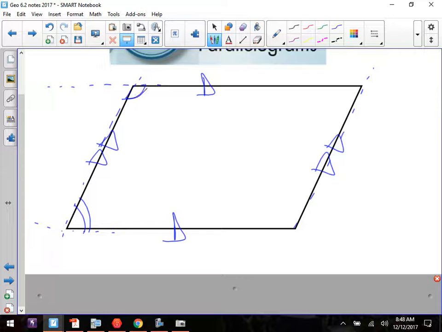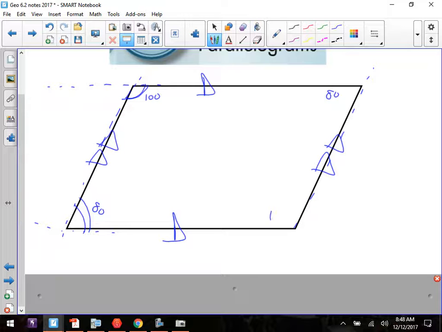So let's just throw a number at it. Let's say this angle is 100. What would this angle have to be? 80. Which means this angle here has to be 80, and that bottom right one has to be 100.